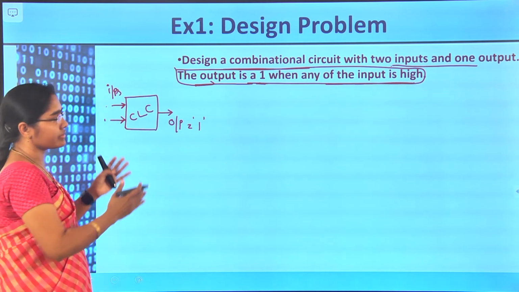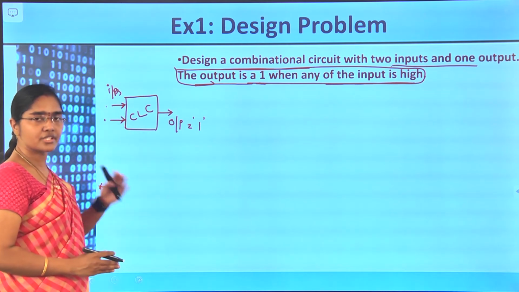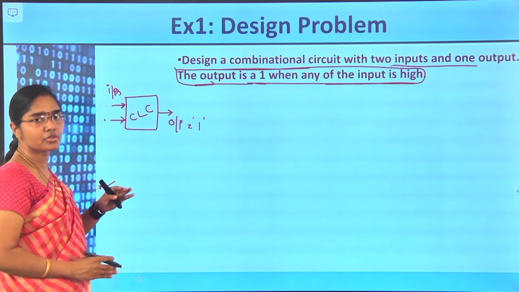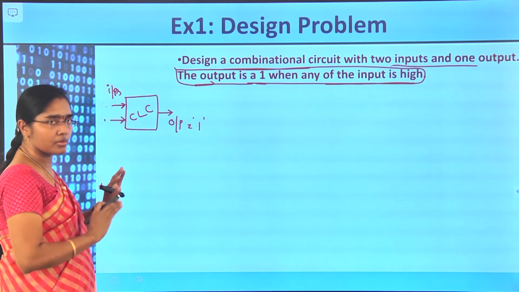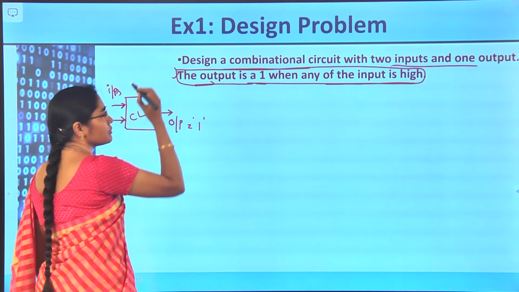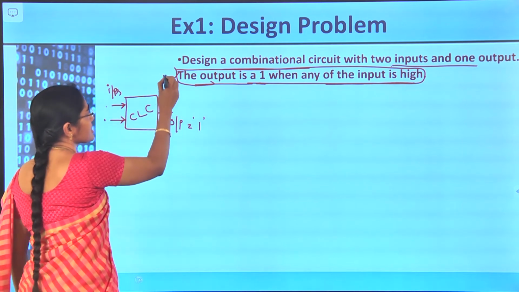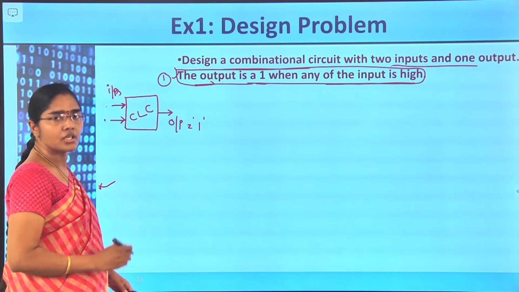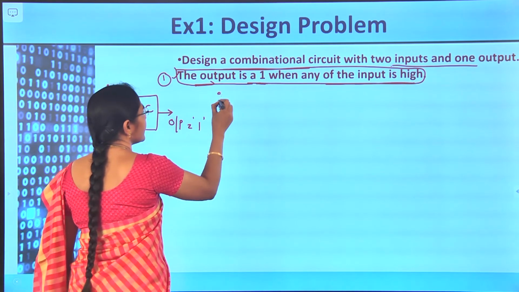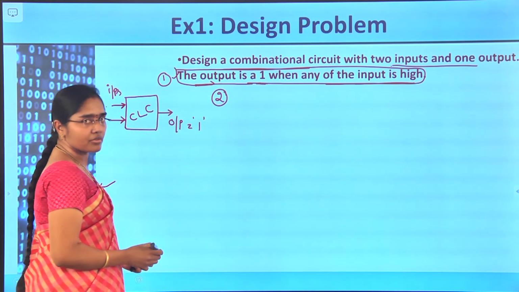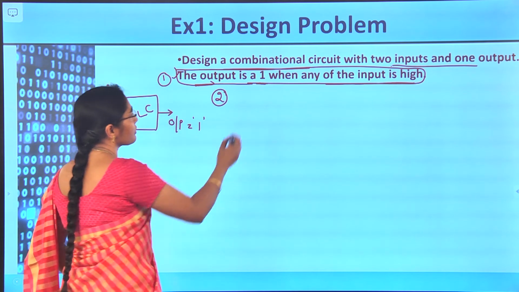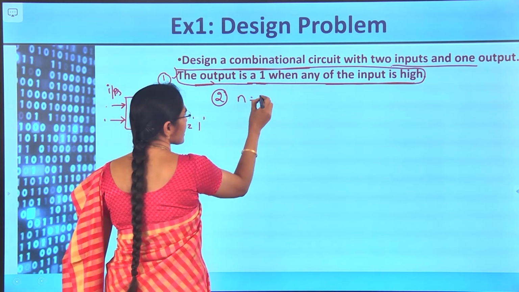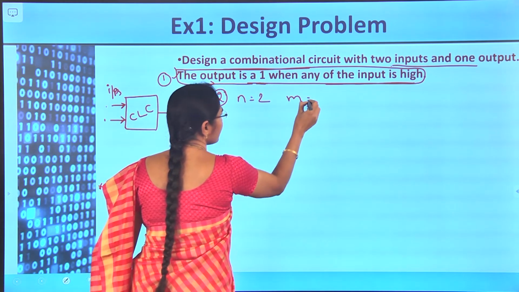We will follow the procedure. What is the first step of the procedure? That is the problem statement. So, this is only the problem statement. What is the second step? Identify the number of inputs and the number of outputs. That is also given in the problem itself. Number of inputs is 2 and number of outputs is 1.